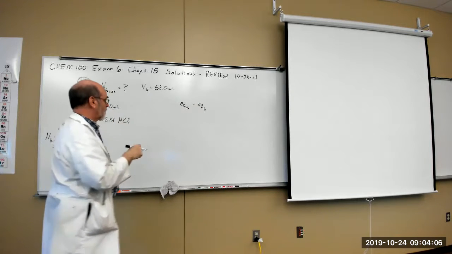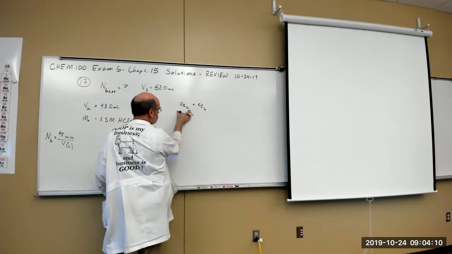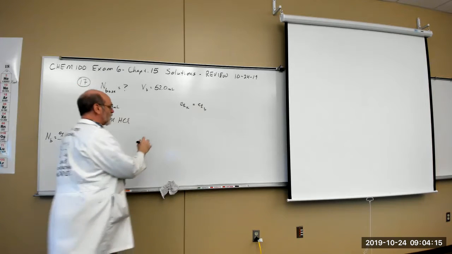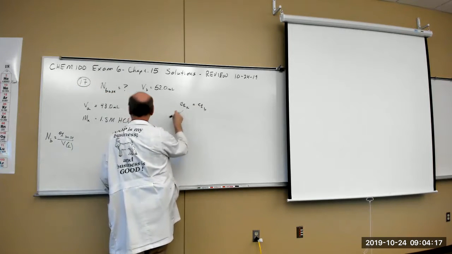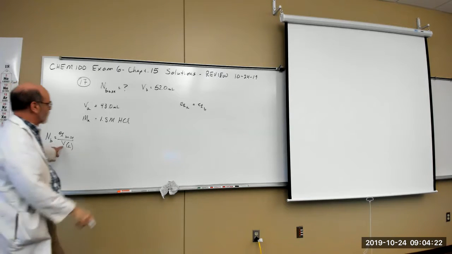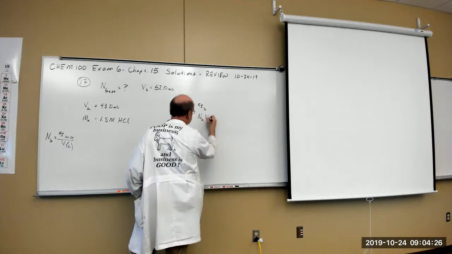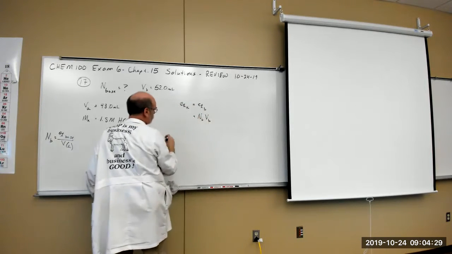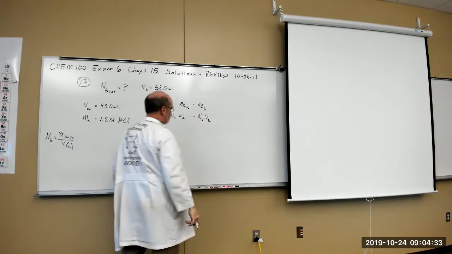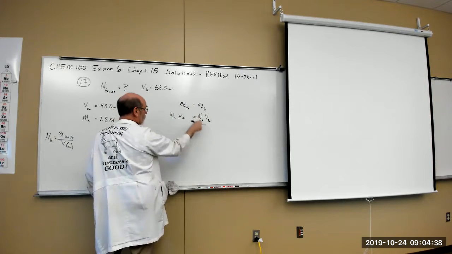That is, the number of hydrogen ions equals the number of hydroxyl ions. So on this side, normality of the base times the volume of the base. And this one is the normality of the acid times the volume of the acid. Because this term is equal to that one.